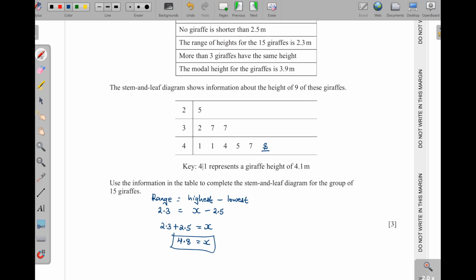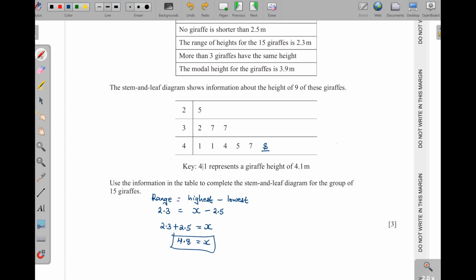Okay, then next they said more than 3 giraffes have the same height. That means these ones will give us the mode. You get it? Because mode is the most appearing number. They said here that the modal height of the giraffes is 3.9, and they said more than 3.